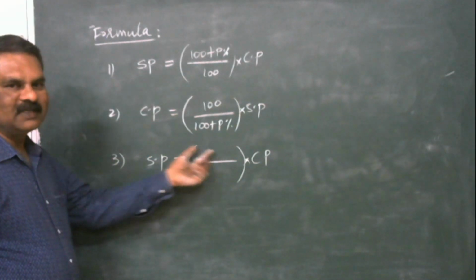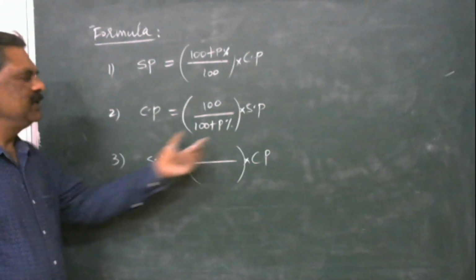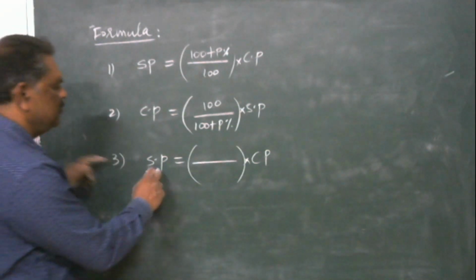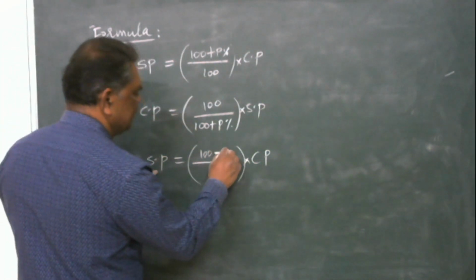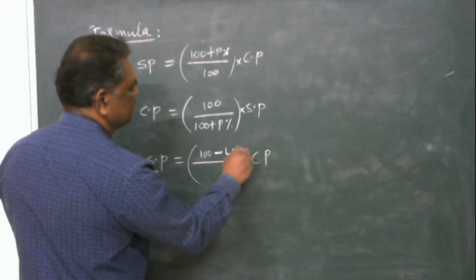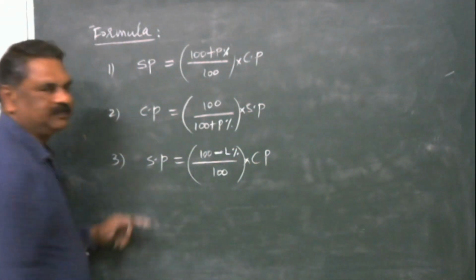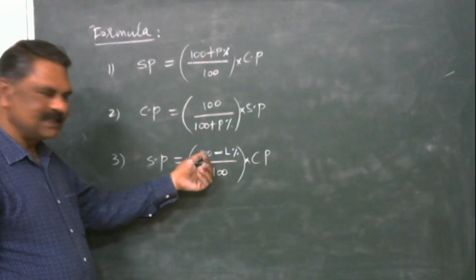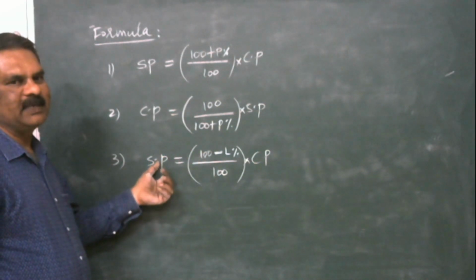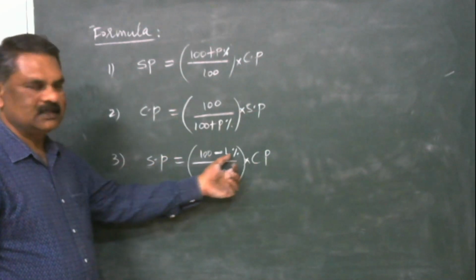Numerator is more, selling price will be more than the cost price. So numerator should be less. So we put (100 minus loss percent) divided by 100. Now check it. Denominator is 100, numerator is less, selling price is less. Selling price is less, we incur loss.